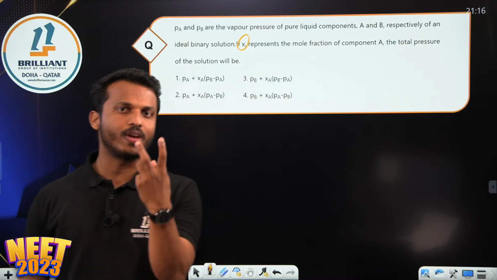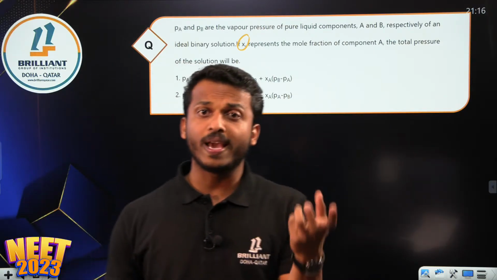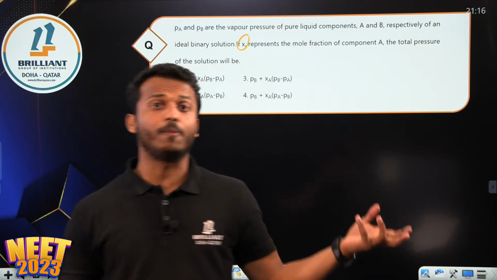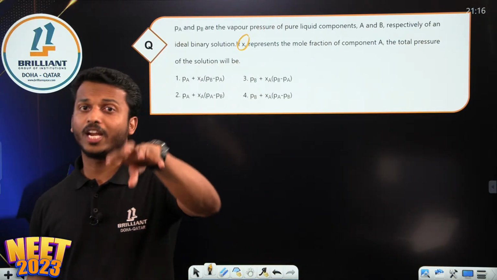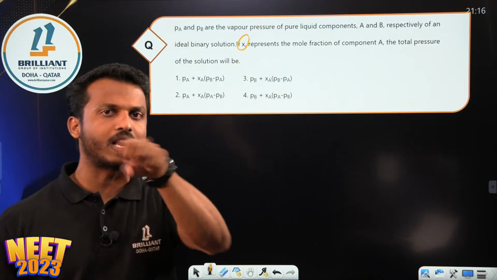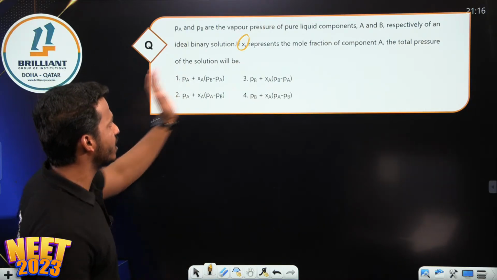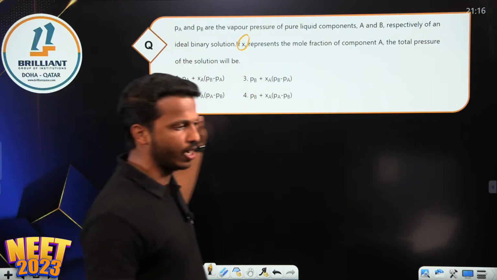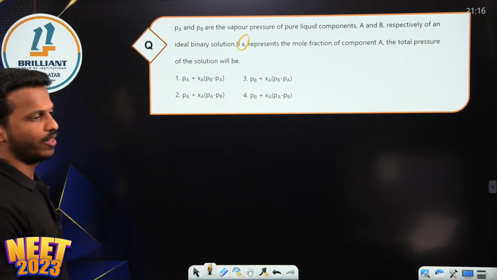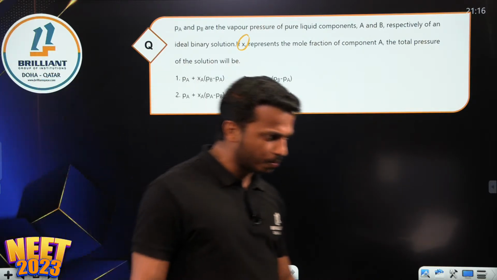PA is equal to P0 A into XA, PB is equal to P0 B into XB, and P total we calculate by clubbing them. Which is the correct expression for the total pressure?